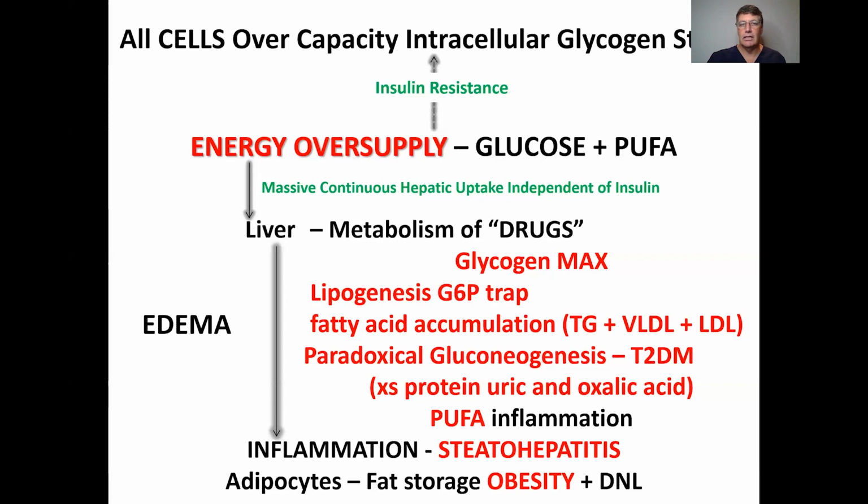Non-alcoholic fatty liver disease is related to a glucose energy oversupply where the liver is trying to cope by turning that sugar, the toxic hygroscopic sugar, into non-harmful fatty acids. The fatty acids are neutral from a toxicity perspective.